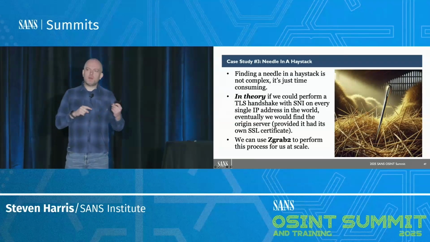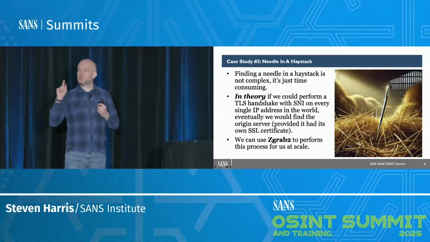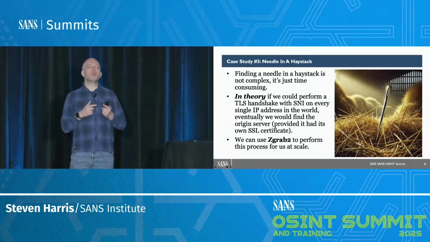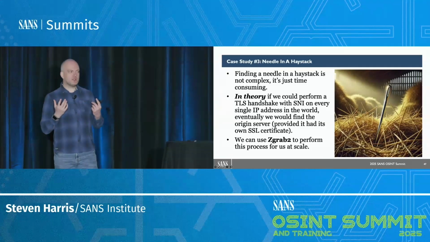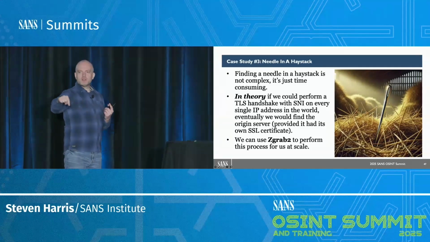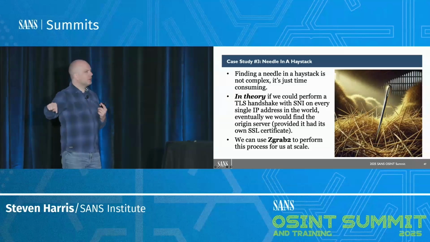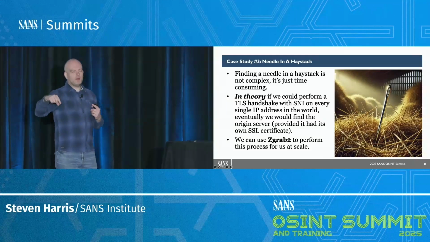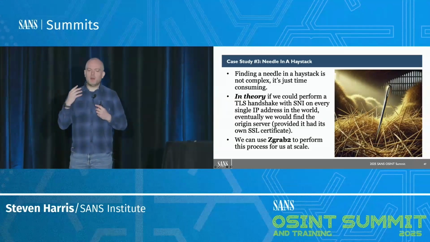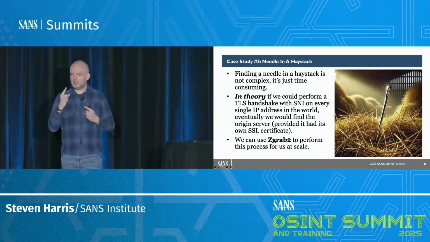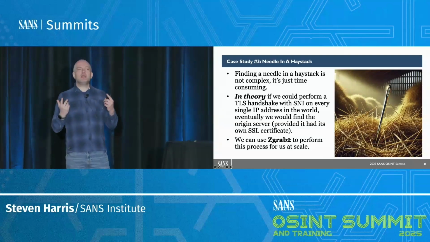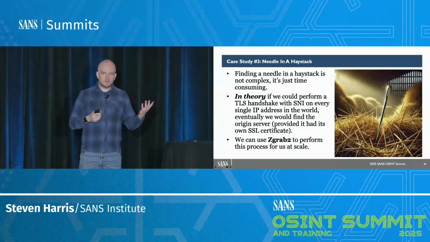So to go back to my theory, finding a needle in a haystack, I know somewhere in the world's 4.3 billion IP version 4 addresses, one of those IP addresses, the Pravda website is there. Don't know which one, but I can find it eventually, given enough time. Because finding a needle in a haystack is actually pretty easy.